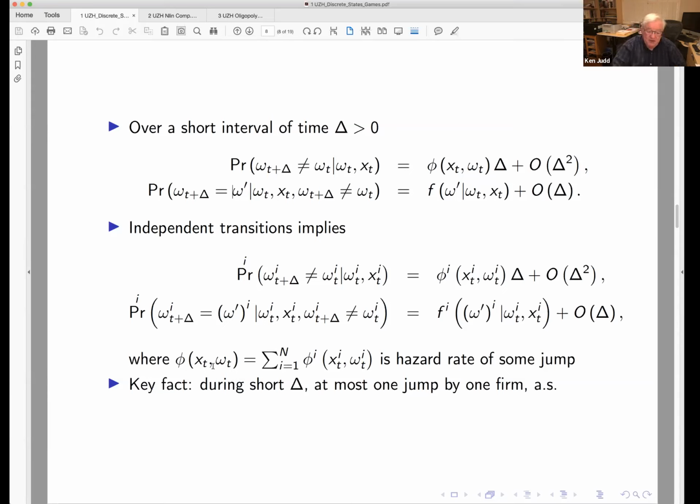And so the probability that there is a jump in some firm is just the sum of their individual hazard rates. But remember that in a short period of time, there's at most one jump, and in fact at most one jump by one firm. You're not going to have simultaneous jumps in continuous time, discrete state processes.